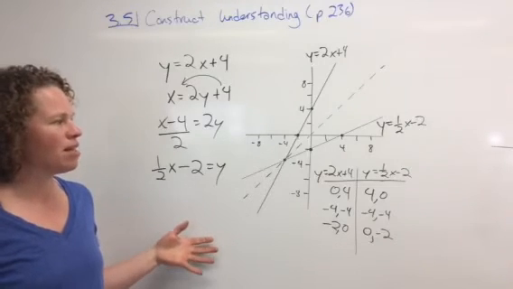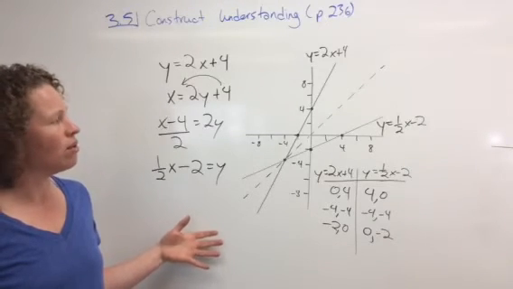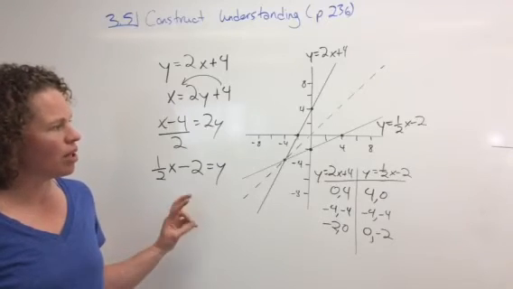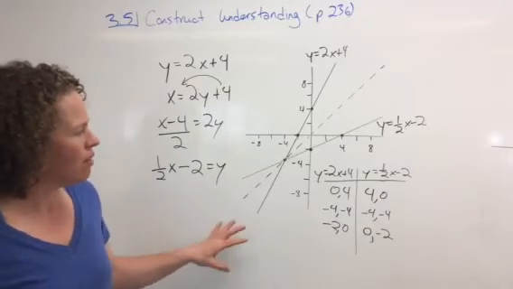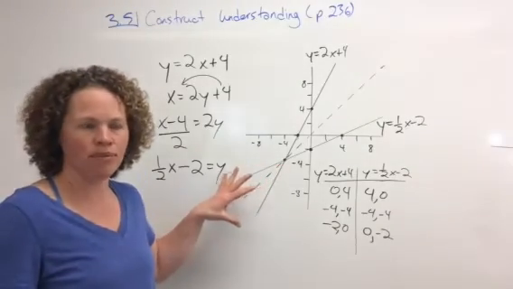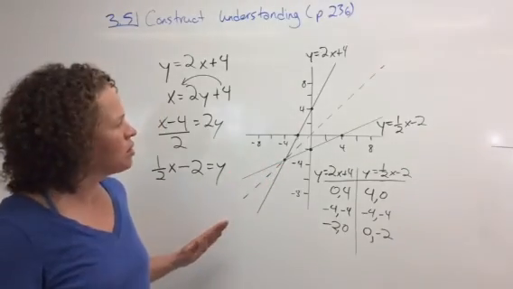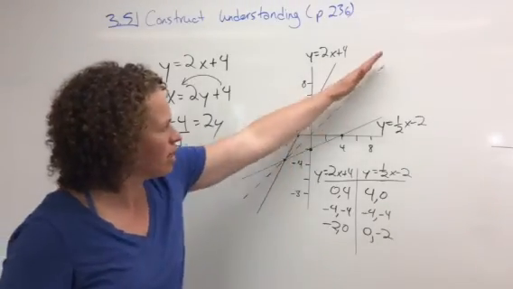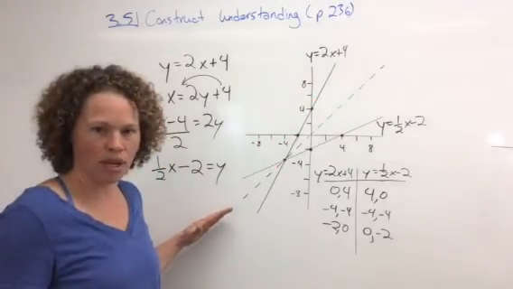This is the basic concept of this whole unit, that you have this inverse relationship where x and y get switched, and if you look at it visually on the graph, you will see that the axis of symmetry is actually right up the middle, the line y equals x.